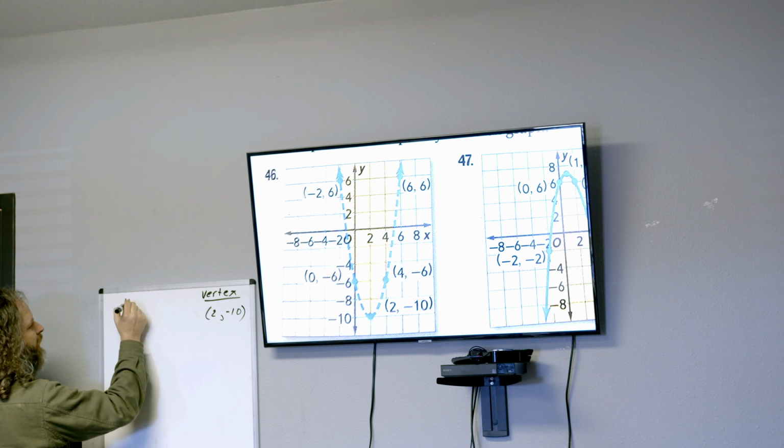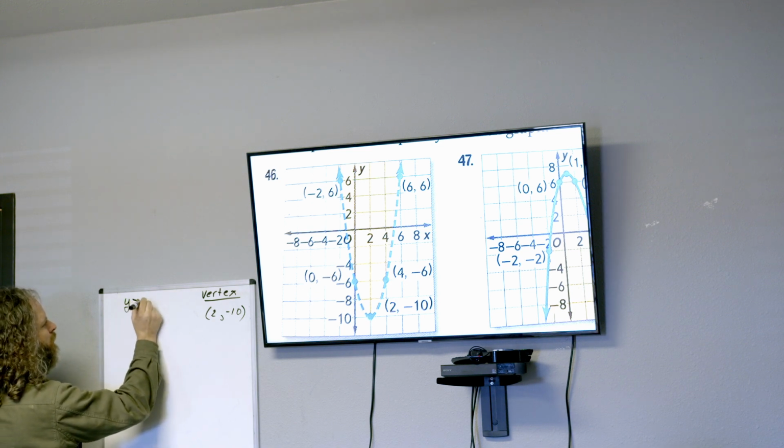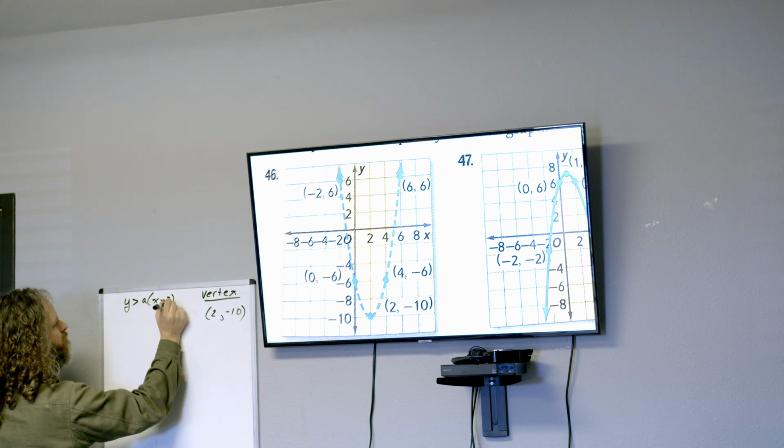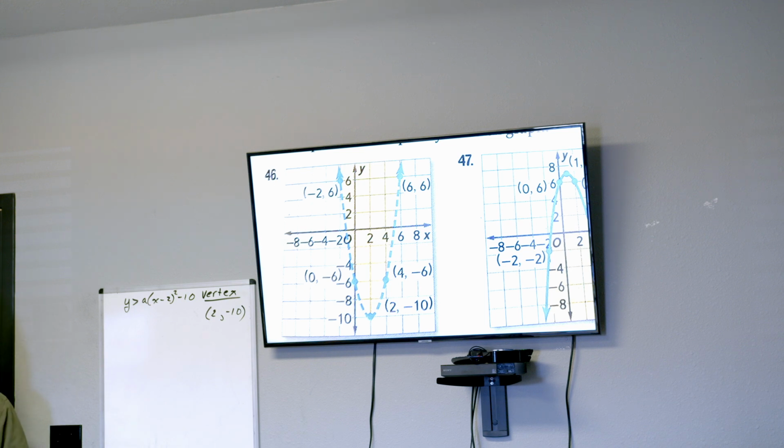So let me write a thing, and let's see what you can tell me about it. What did I write? Why did I write it? And where can I go from there? Negative 2 is where the 2 is at the top.